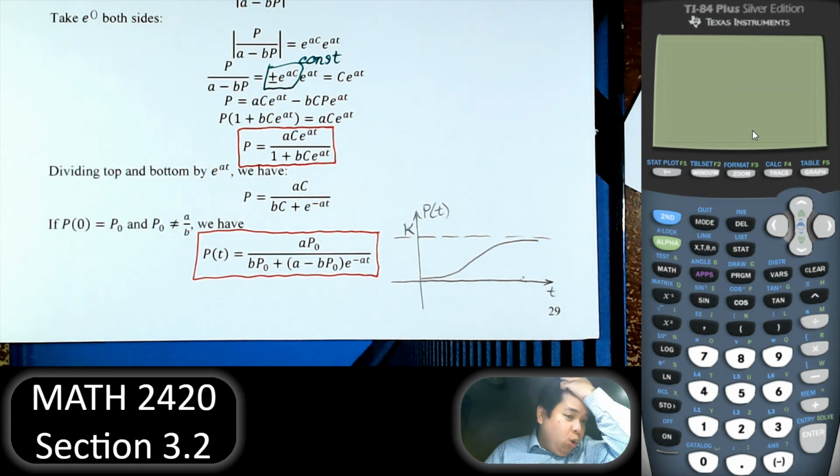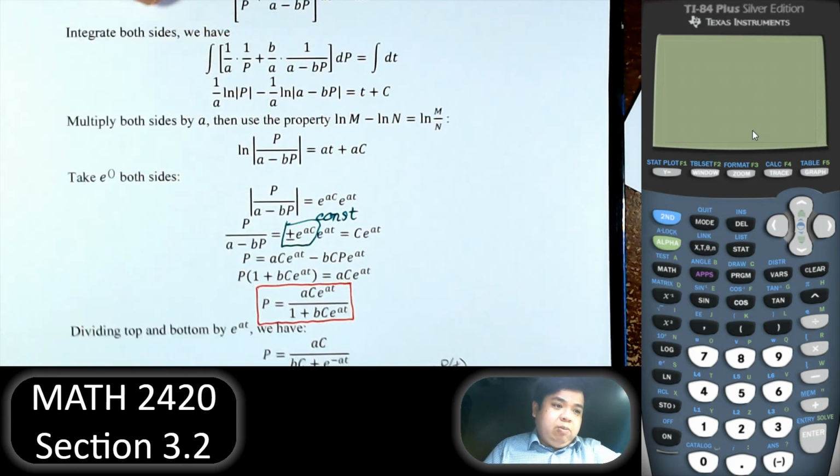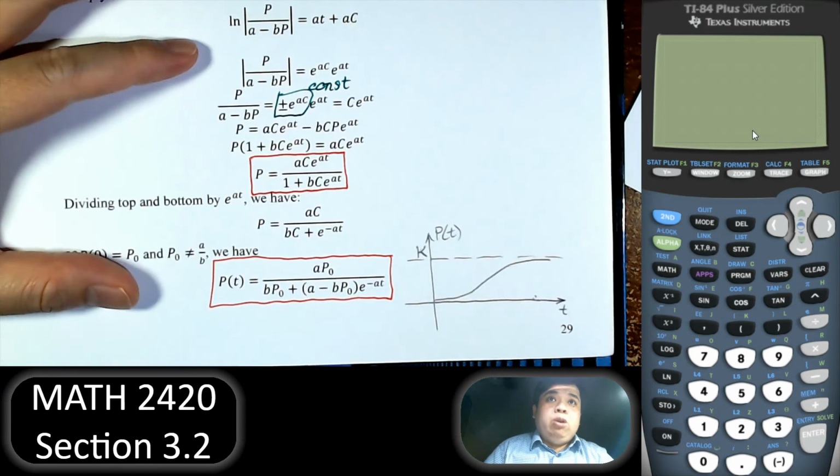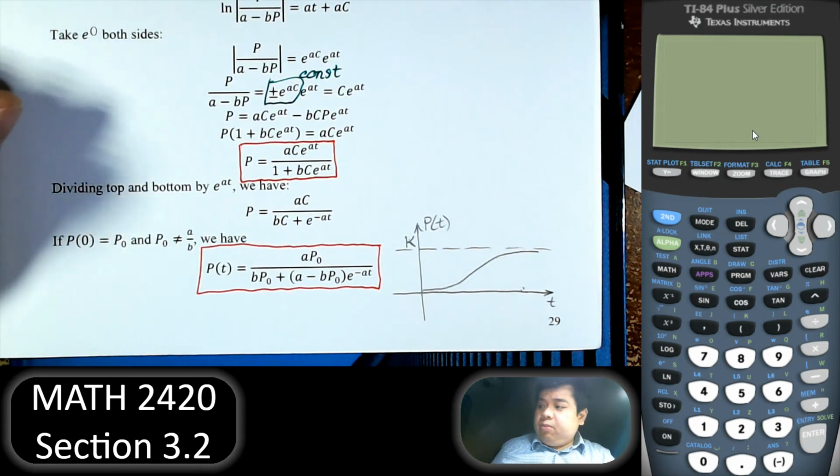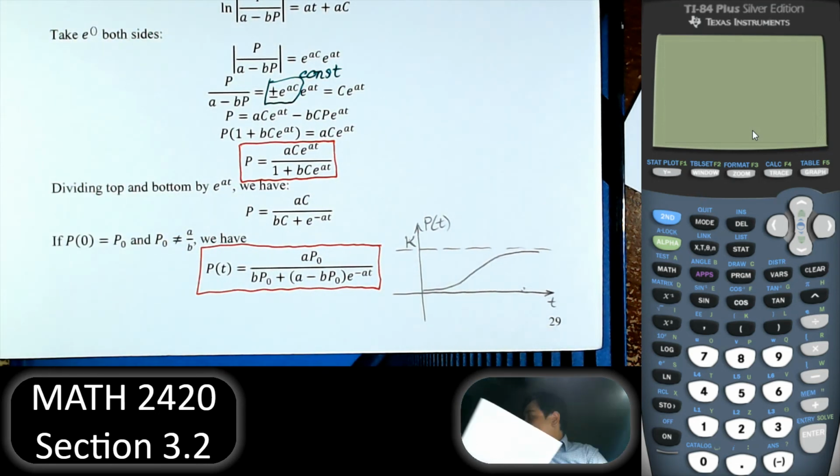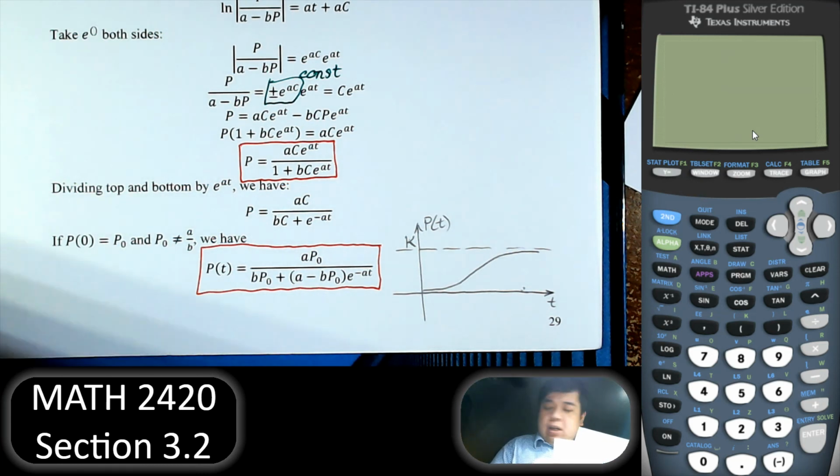So I just want to go over the formula for the logistic model. We're not going to do any example in this part. In this section, we only focus on two applications of differential equations. The first one is the mixing problem.